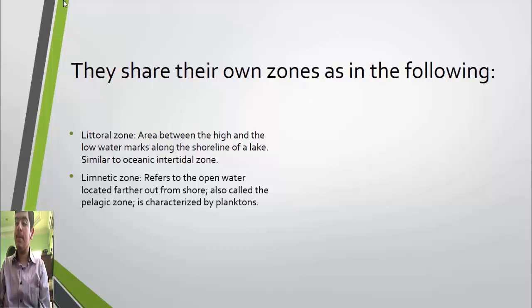It's from narrow to wider. So this much width is the limnetic zone. Another nickname for it is the pelagic zone. So plankton dominate the limnetic zone. It's similar to the neritic zone because the neritic zone also has plankton.